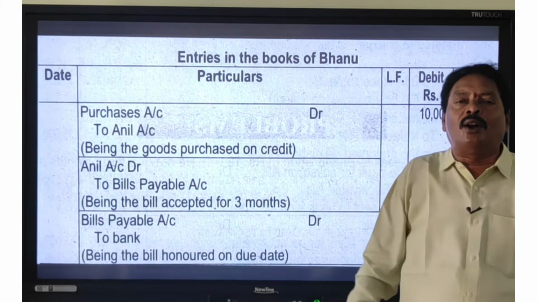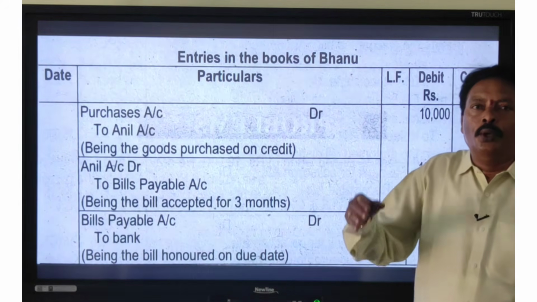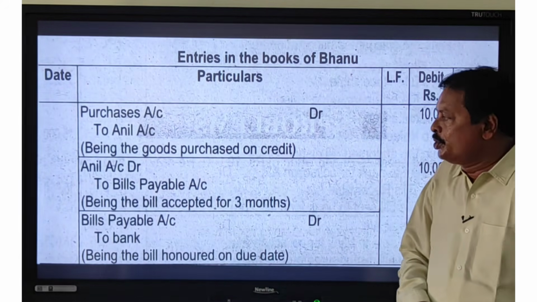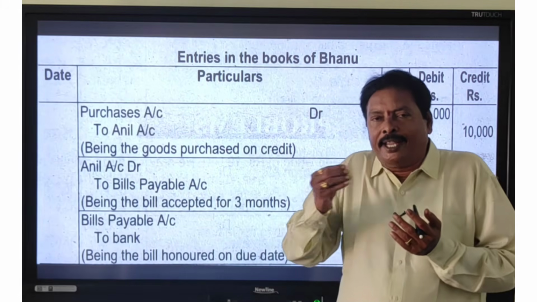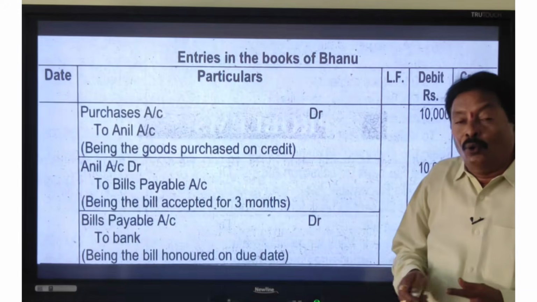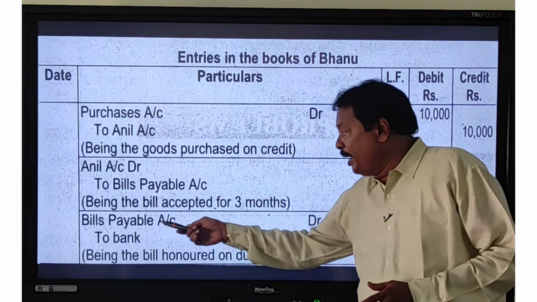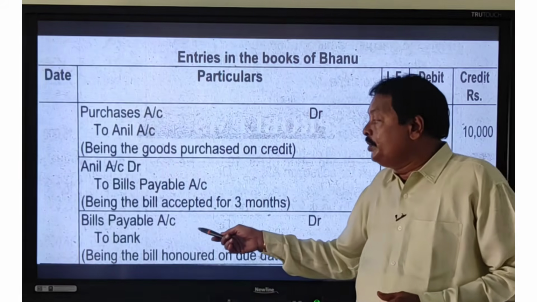Banu settled his account. Banu finally paid that amount 10,000 to Anil. So we paid cash and got back the bill. So we received the bill, bills payable account debtor.